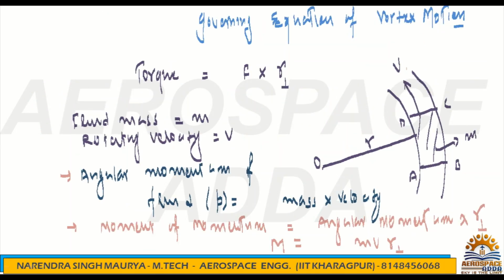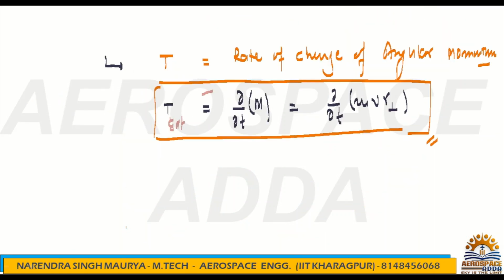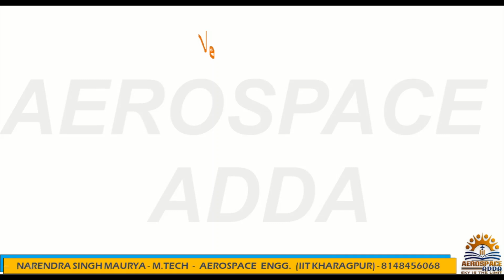It is a rotatory velocity, a tangential velocity, because it is rotating. Once rotation is there, then definitely a tangential velocity will be there. So for the tangential velocity, vr is equal to constant. You can write v_θ × r_perpendicular is constant. That is what you got for the free vortex.